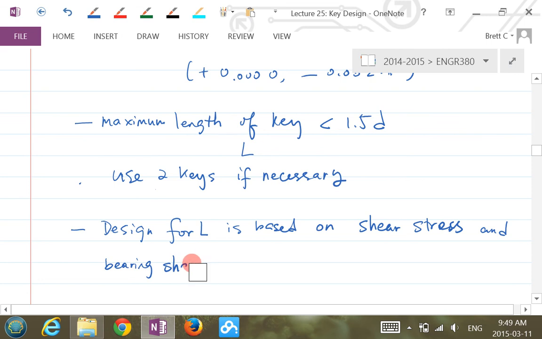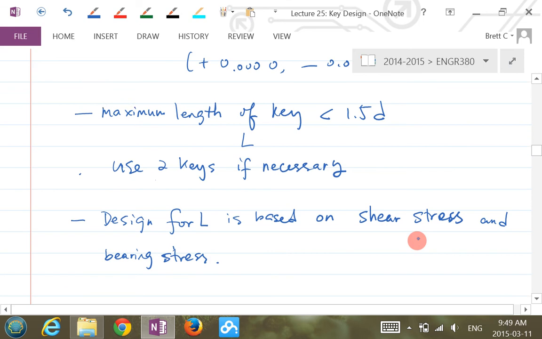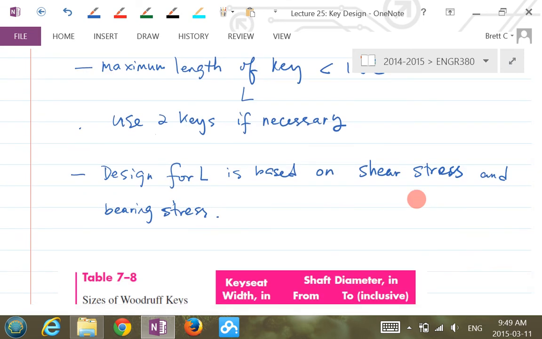So we'll look at the two different stress conditions: one is shear stress on the surface, and the other is bearing stress on the side surface.